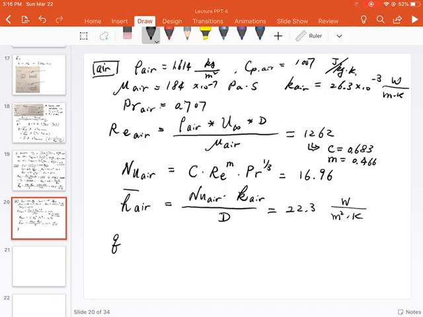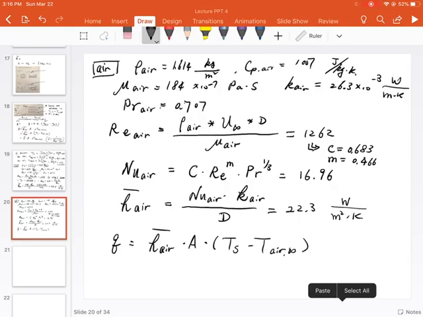From the outside, you can directly calculate the Q. Q equals the convection coefficient times the surface area of the pipe, times the surface temperature minus the air temperature, or the infinite temperature.